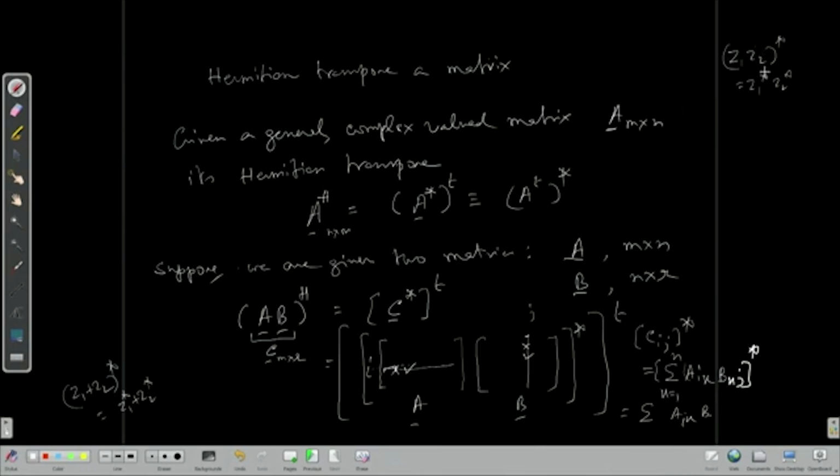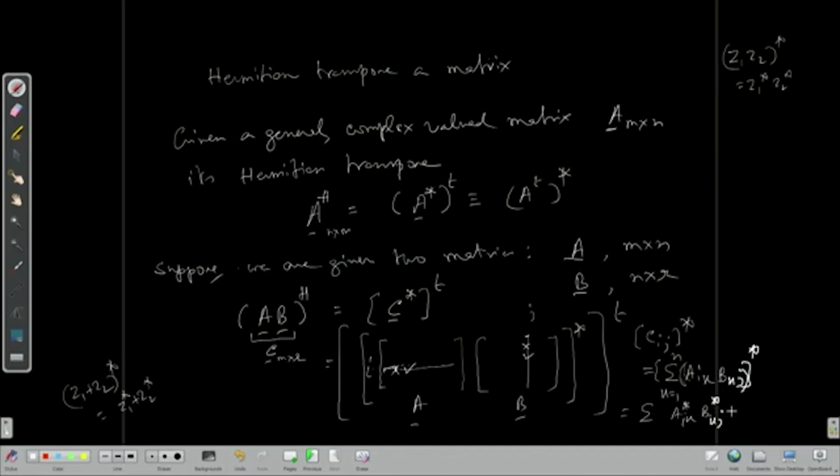So R1 e to the power minus j theta 1, R2 e to the power minus j theta 2, that is Z1 star, Z2 star. So when you apply star, the star of a summation is the summation of conjugated terms. When you apply star over this, for every k it is a product of two complex numbers. Star over that is the product of stars, like Z1 star, Z2 star, so you have to put a star here, put a star here.